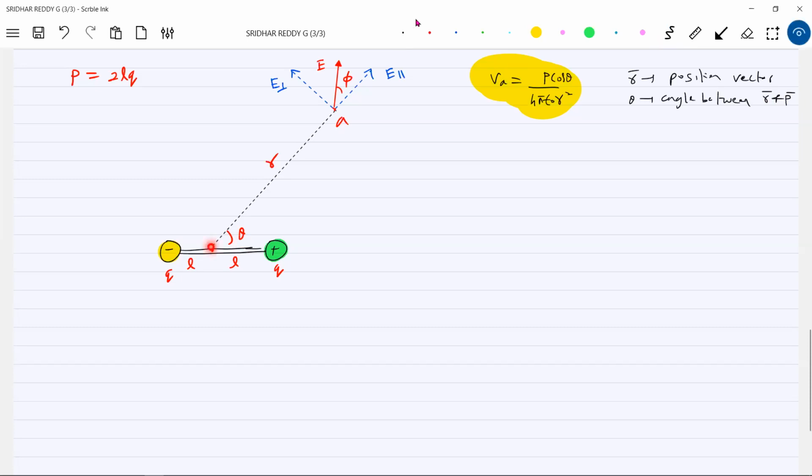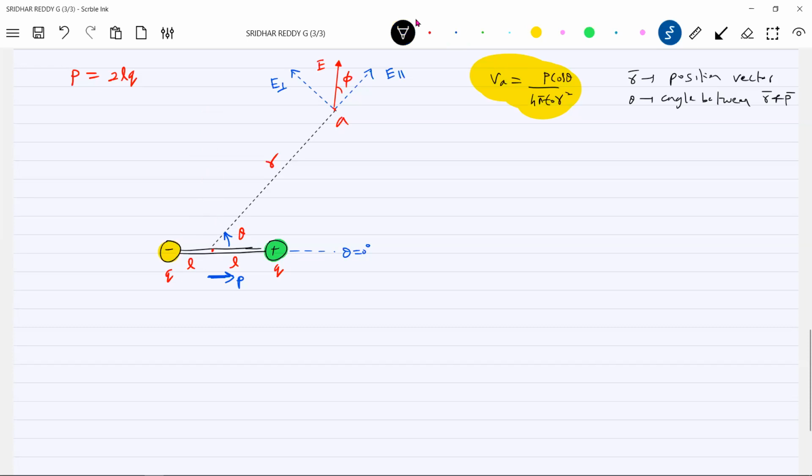The angle made by the position vector with the dipole moment vector. So where is the dipole moment vector? The dipole moment vector will be oriented along the x-axis. So like this we define, and what is the theta equals 0 degree line? Theta equals 0 degree line is this one. Do remember, and this is the theta equal to 90 degrees line. The bisector will be theta equal to 90 degrees, and the axis will be theta equal to 0 degree.